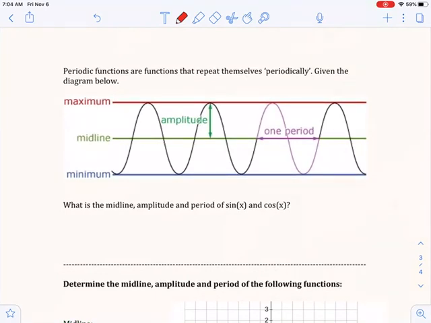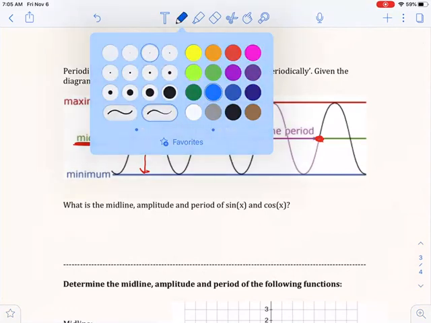It's important to be able to identify, with a periodic function, what an amplitude is. Just by looking at this graph, the amplitude is the distance between the midline and the maximum. It's the same thing between the midline and the minimum, so that would also be an amplitude. A period is the distance between the x-coordinates that it takes to repeat itself, as soon as I'm back to that starting point and my pattern repeats.